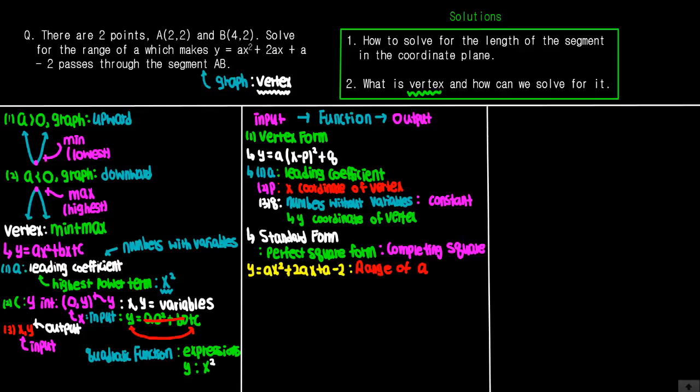First of all, we need to convert this into a vertex form. Another way to solve for this is a formula that we talked about in a lot of videos, but the formula in this case is hard to use because there are too many variables in it. So simply, we can use our vertex form instead.